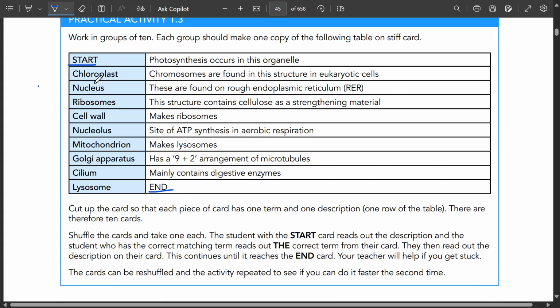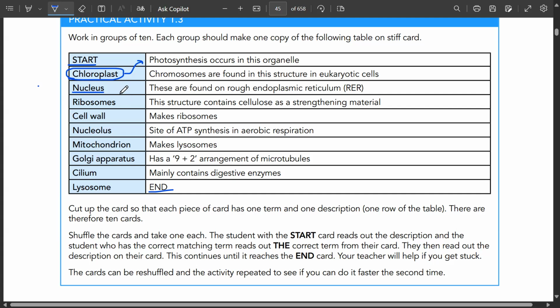Let's start with chloroplast. Can you tell me its function? The options are given over here. Tell me. Exactly. Okay. Nucleus.